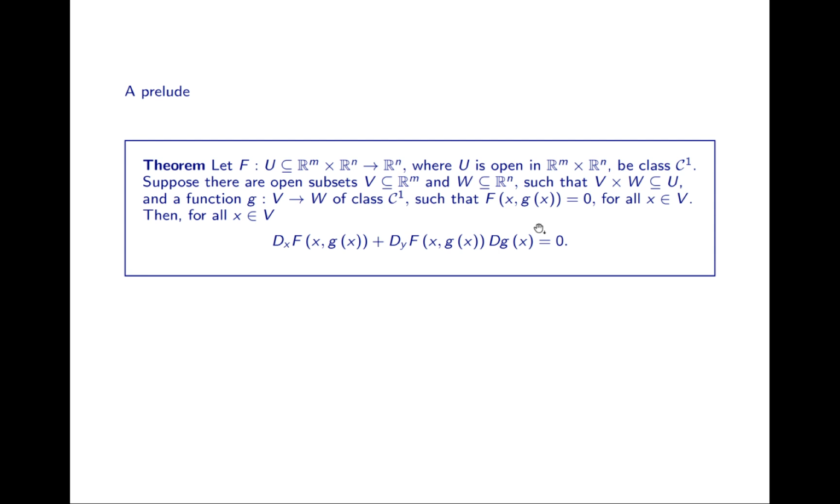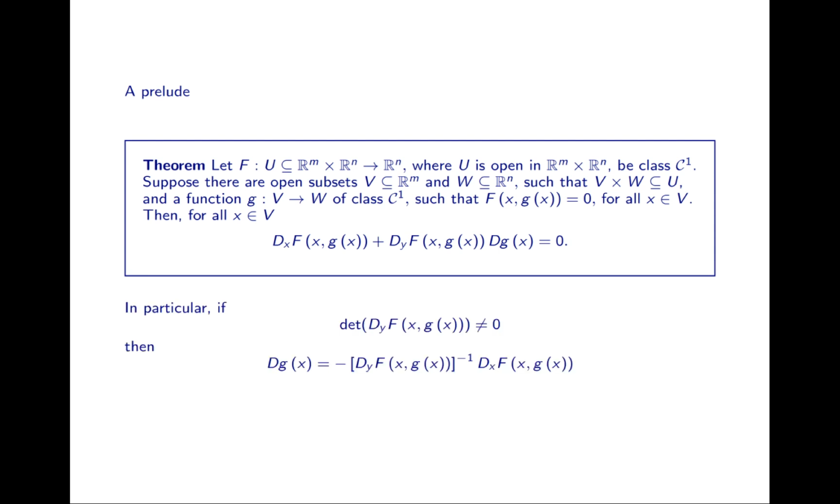Furthermore, the derivative of f with respect to x, evaluated at x comma g of x, plus the derivative of f with respect to y, evaluated at x comma g of x, times the derivative of g is 0. Now, of course, if g is my implicitly defined function, what's the derivative of g? Well, if this matrix here is invertible when evaluated at x, g of x, then the derivative of g is equal to this.